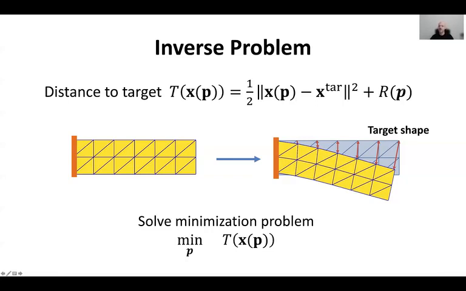So for that reason, we're introducing this regularizer R as well. Now, once we have the distance to the target, this metric, we can actually solve the inverse problem simply by solving a minimization problem, because we already have the derivative of X with respect to P. We just minimize over the parameters and plug in the x as a function of p directly into this objective function T.